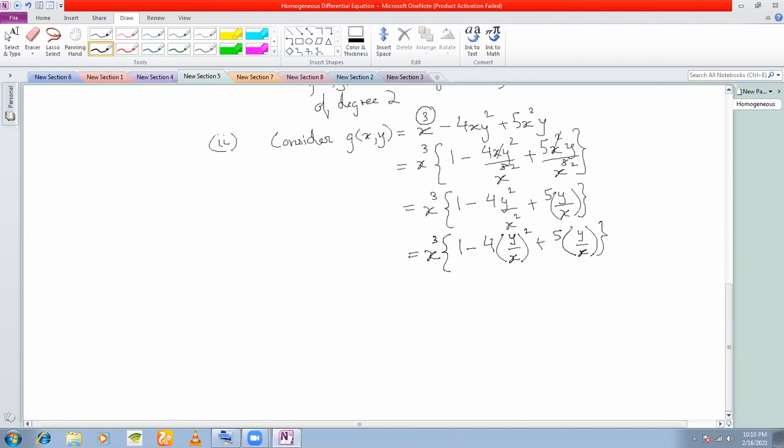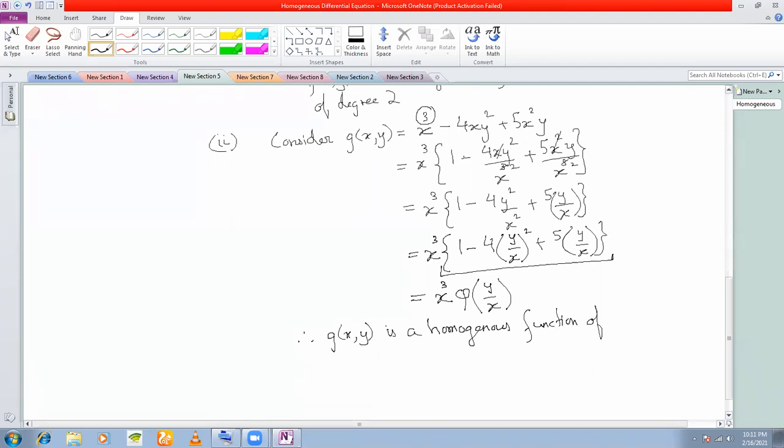This entire thing within the curly brackets is a function of y by x. So you're getting x cube times some function of y by x, right? Therefore, what do I say? I say g(x,y) is a homogeneous function of degree what? Can you tell me what degree?